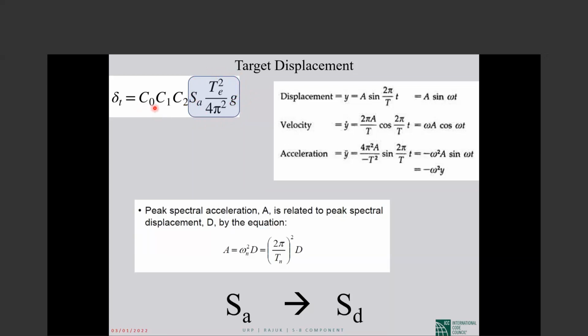The coefficient C0 modifies the maximum displacement of the single degree of freedom system to the maximum displacement of the elastic system at top. Then this becomes inelastic deformation at top, and this will increase the deformation if the detailing is deficient. So that's the idea.